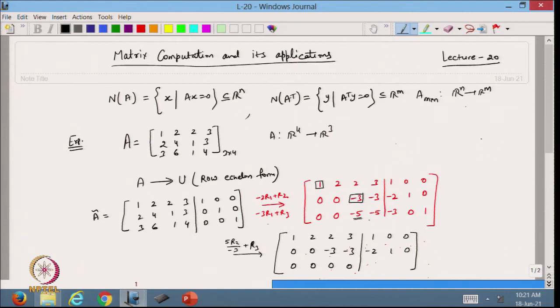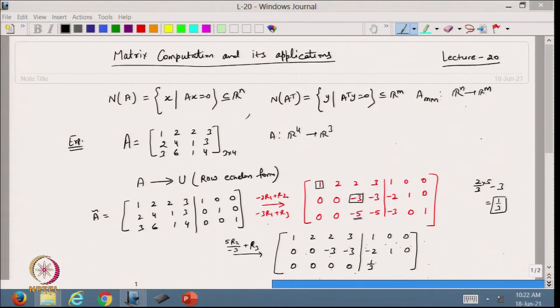In this case, now it is minus 2 divided by minus 3, so it is 2 by 3. It becomes 2 by 3, then multiply by 5 and add to this one, so it will be minus 3 plus 10 by 3, which is 1 by 3. So I am writing here 1 by 3.